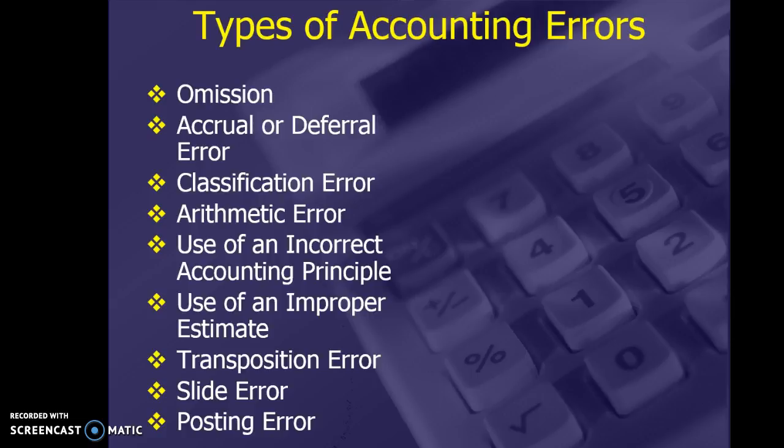So what does that mean? As an example, if a business had purchased a piece of furniture to use in their office, and instead of debiting furniture and fixtures, they debited supplies expense, then their assets would be understated and their expenses would be overstated.